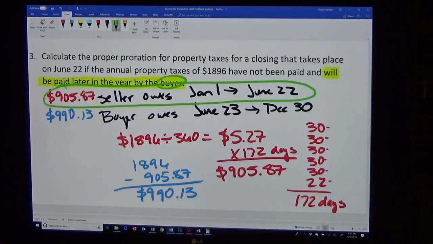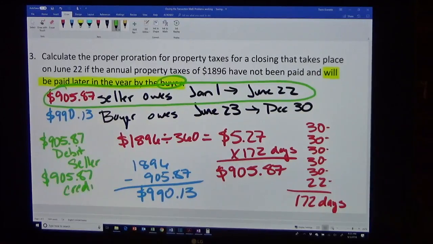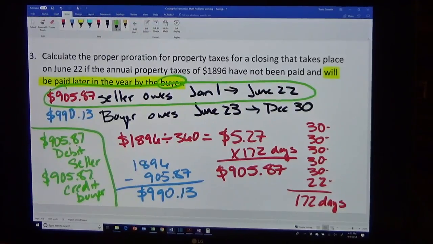So the correct entry as far as the proration is going to be $905.87 debit or charge the seller, and $905.87 credit to the buyer. That is your correct proration. $905.87 debit seller, $905.87 credit buyer.